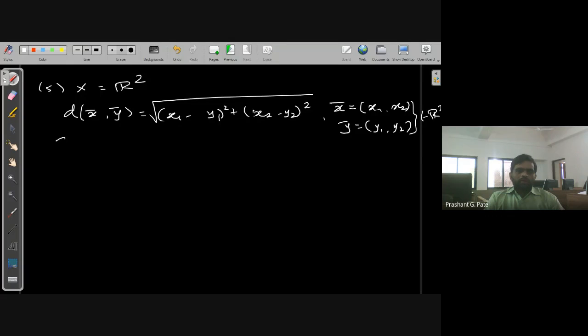If you consider your center x0 as 0 0 and the radius is 1, can somebody tell me what will be the S1 of 0 0 in this case?